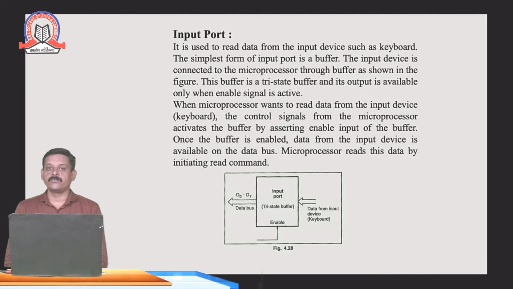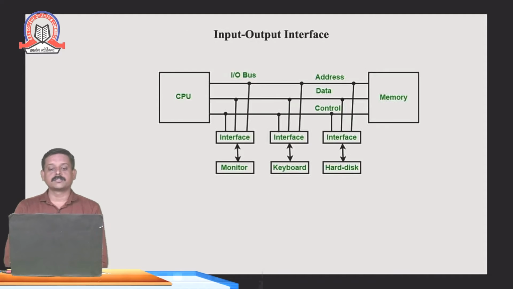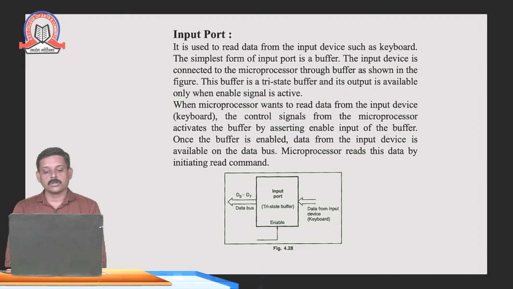As we saw in the previous figure, the data from the keyboard or any other device is transferred to the IO bus, and then further transferred to the CPU. This data is read by the microprocessor, initiated by a read command.